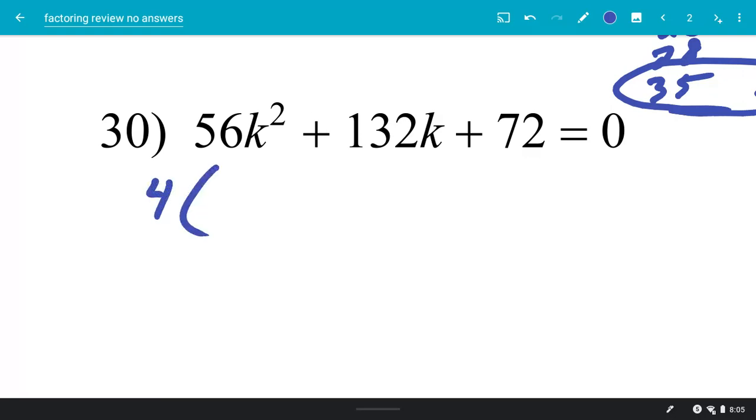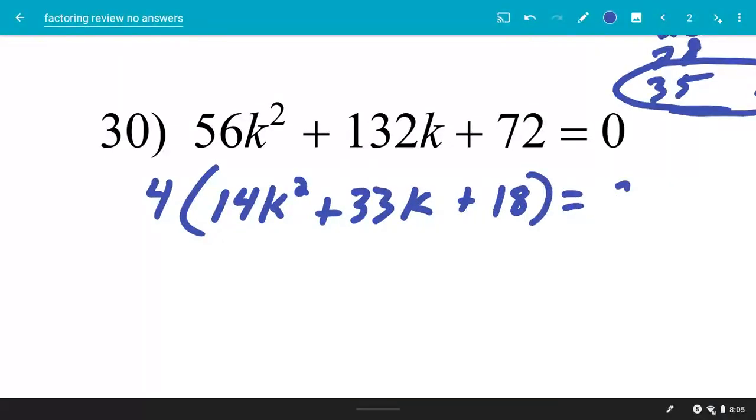So 4 times 14. That's 14K squared. 132 divided by 4 is 33K. And then 72 divided by 4 is 18. 0. Yeah, there we go.